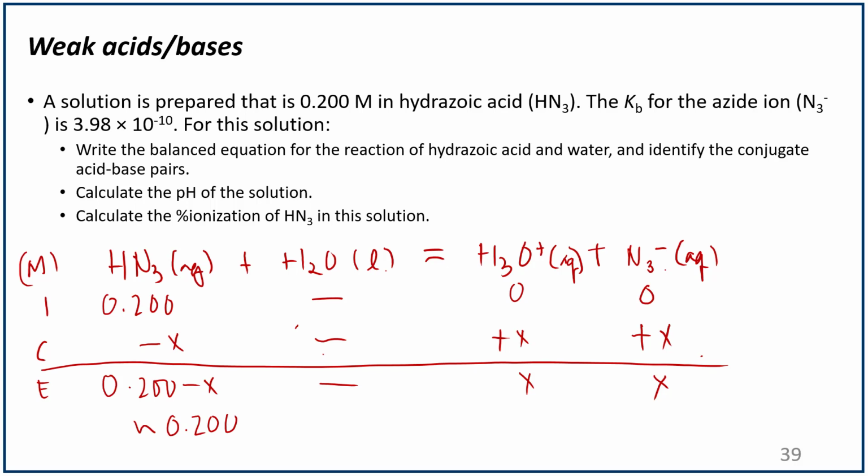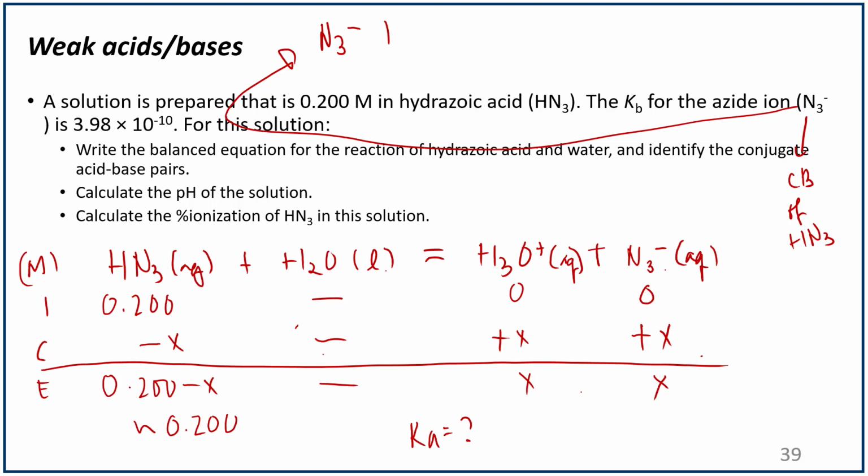Now the next thing that we have to do is to write an expression for Ka of hydrazoic acid. We're not given that value though. The only information that we're given is the Kb of the azide ion, which, remember, is the conjugate base of hydrazoic acid. This Kb expression is derived from the equation when N3 minus is in the presence of water.